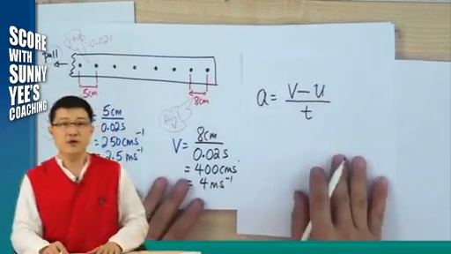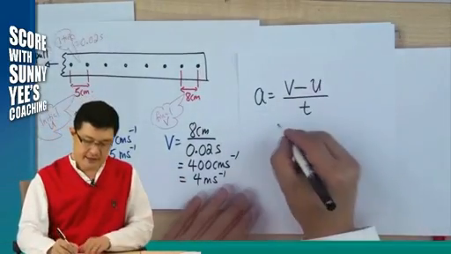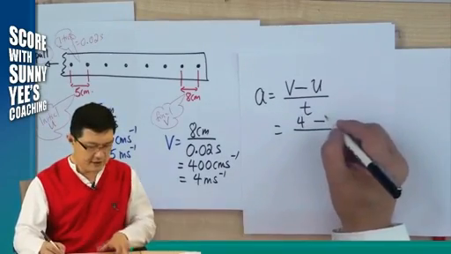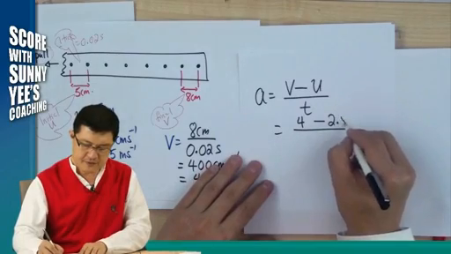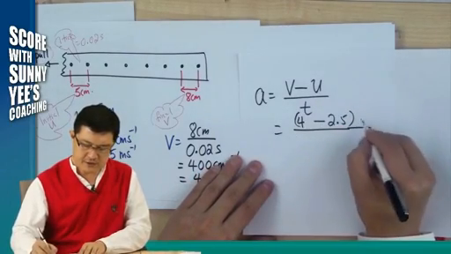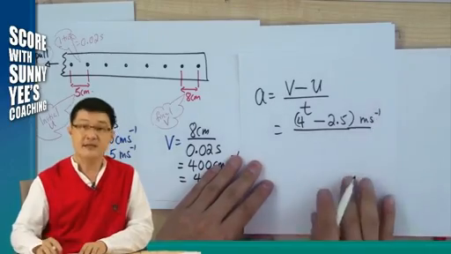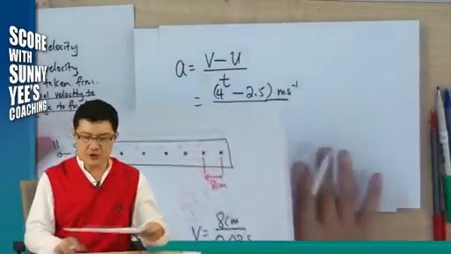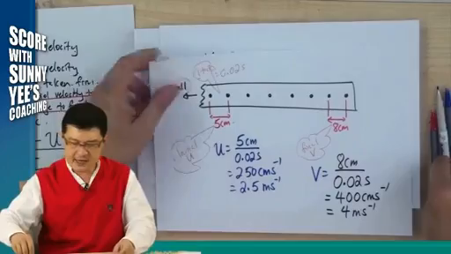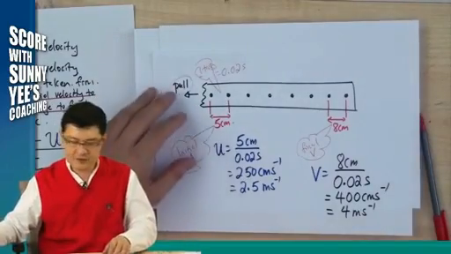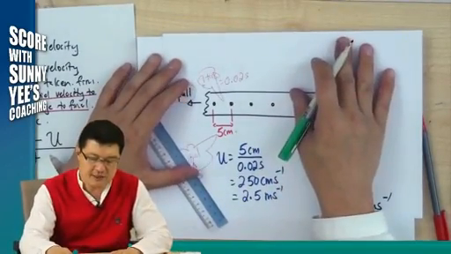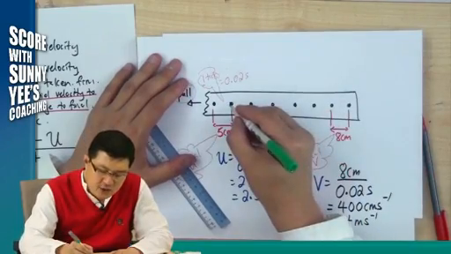Can you follow? My final velocity is 4, my initial velocity is 2.5. You see the unit? This is still meter per second, divided by the time. Now, can you remember just now I told you what is the time? Your time is taken when it starts to change its initial velocity to final. Where is it going to start?